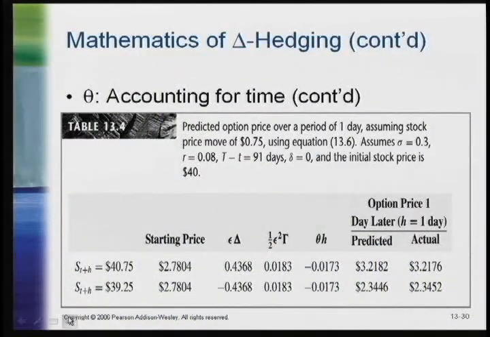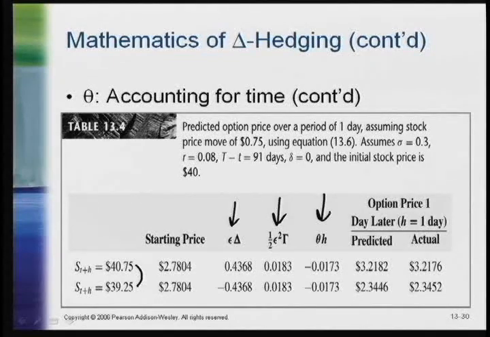And so here you see this is for the call, and here we're looking at two prices where the stock price goes up 75 cents, goes down 75 cents. We have the 2.78 call starting price, and then we can look at each effect. We have a delta effect in this column. We have a gamma effect here. The theta effect is roughly 2 cents.